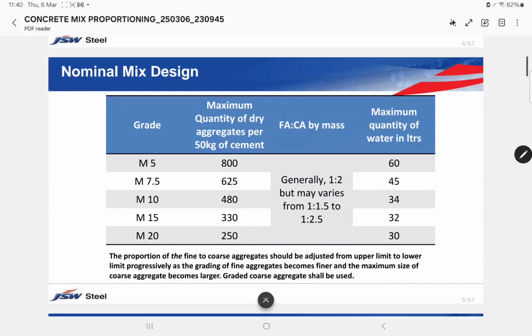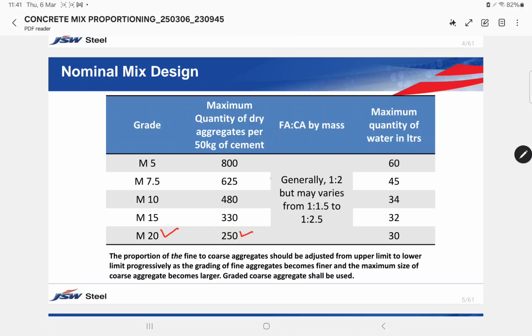Now here is the table that I was talking about. This table specifies the quantities of different materials for a 50 kg bag of cement. Now let's consider M20 grade concrete. For each 50 kg bag of cement, you need 250 kg of fine aggregate plus coarse aggregate.